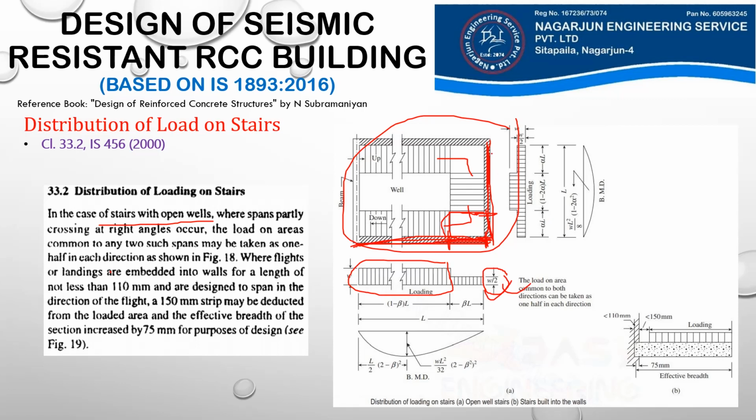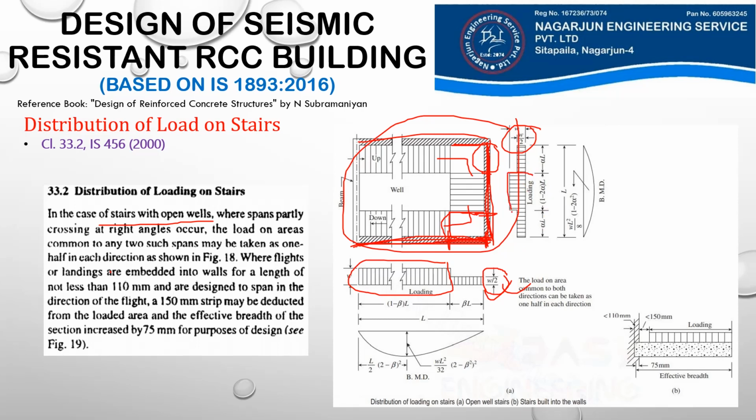Similarly, if you consider this span and again this span here, this portion of the slab is common to both of these spans. So instead of taking W for this portion, you take W by 2. So the loading pattern will be similar to this diagram here.